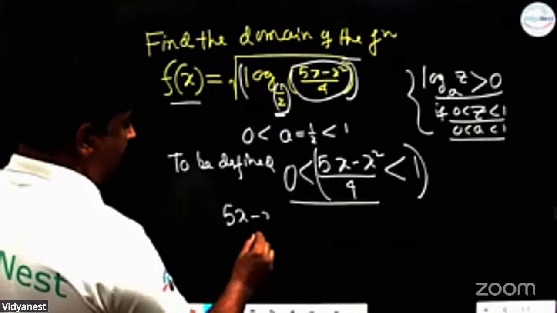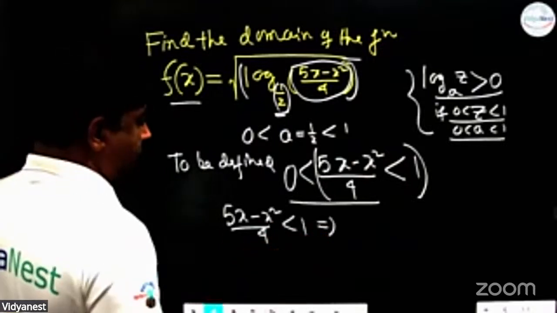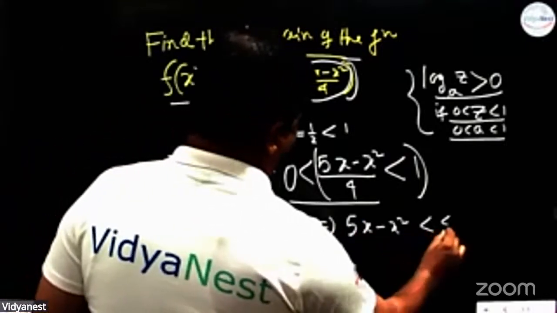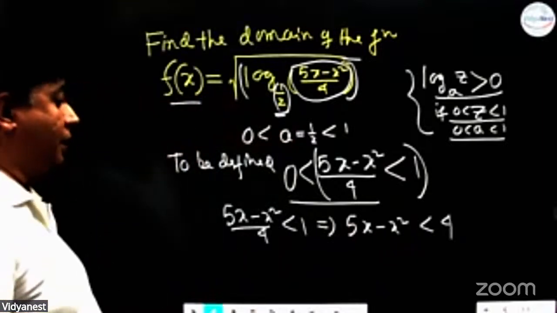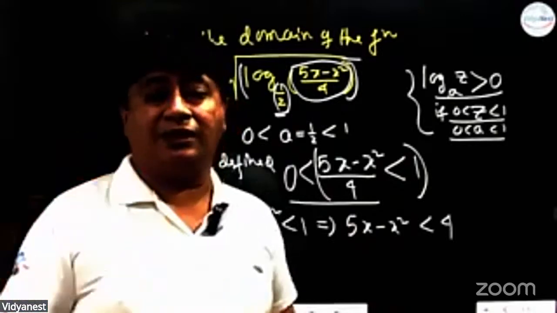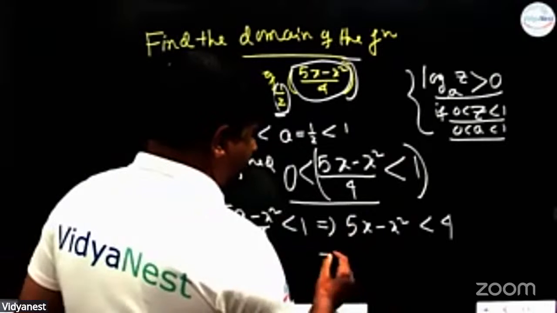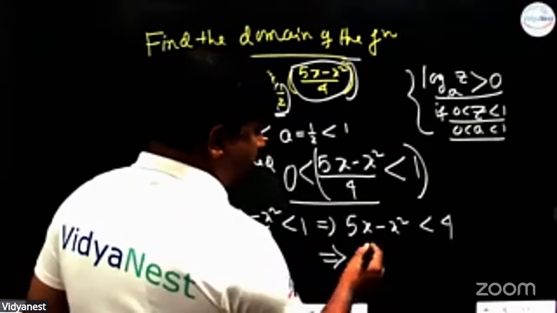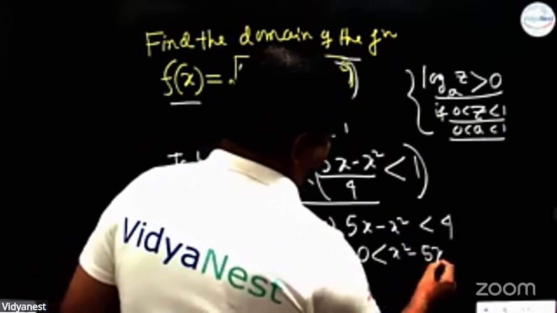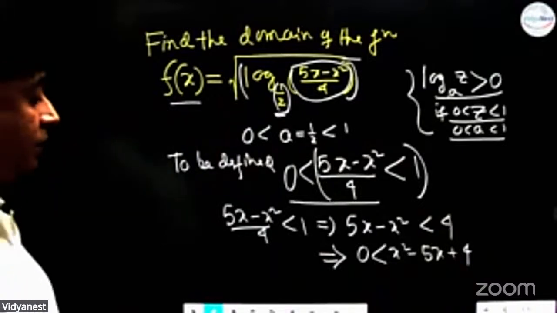You observe, if I choose this inequation 5x minus x square by 4 less than 1, then 5x minus x square less than 4. Then you keep all the terms on one side and 0 on the other side. How? By keeping 0 on the left-hand side and the other terms, x square minus 5x plus 4, on the right-hand side.